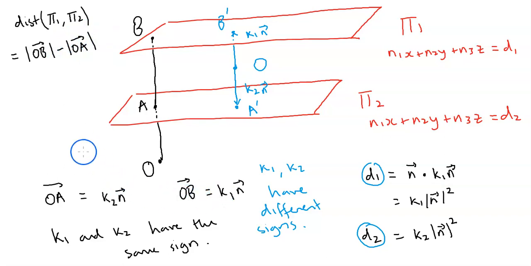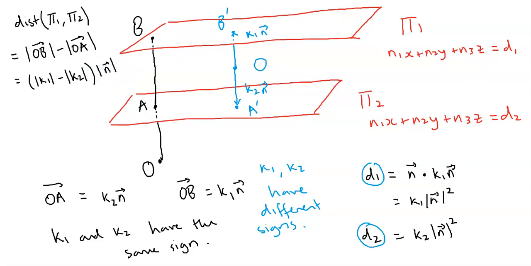So it would just be the absolute value of K1 times the length of n minus the absolute value of K2 times the length of n. So it would be the absolute value of K1 minus the absolute value of K2 times the length of n.